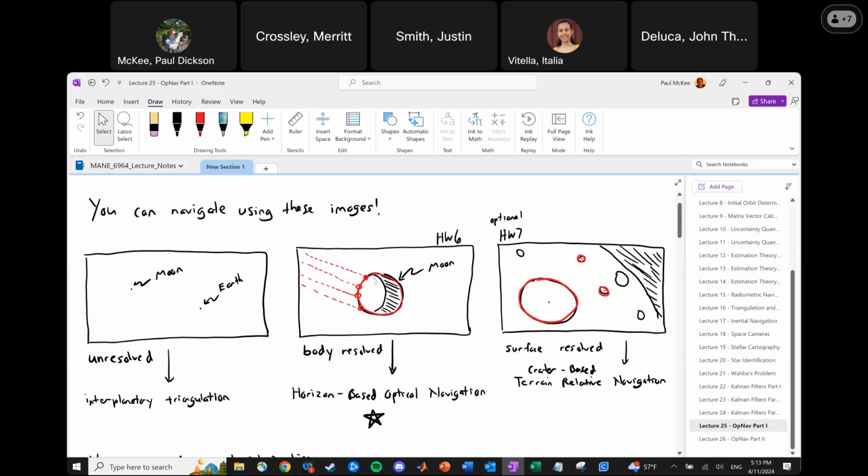And really what we're trying to do is put together a mathematical model that allows us to relate the relative position of the moon. I'm going to use the word moon by default, but it could be the Earth, it could be Pluto, take your pick. We're going to work through trying to come up with a mathematical model that relates the apparent limb points in the image, and we'll talk about what limb means in this case, to the spacecraft position or the observer position, and ultimately use that to solve for our observer position.